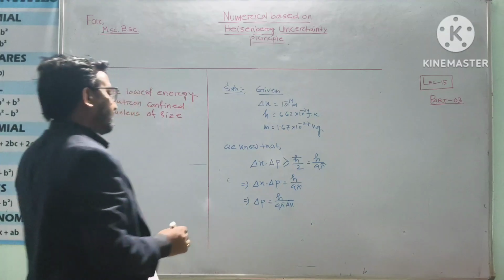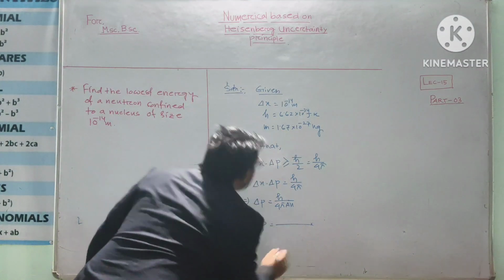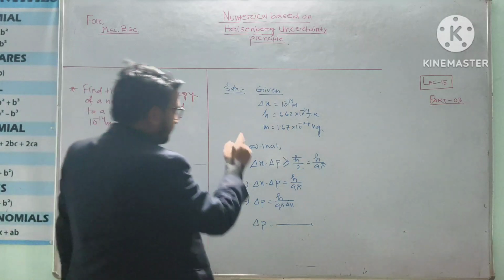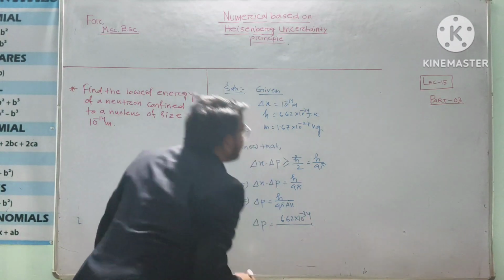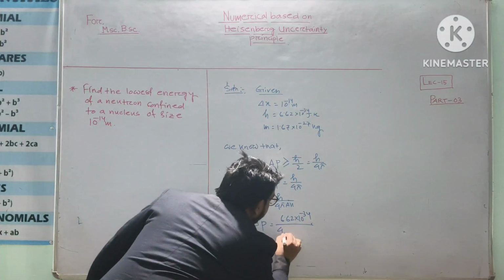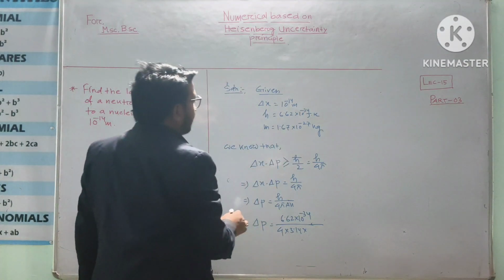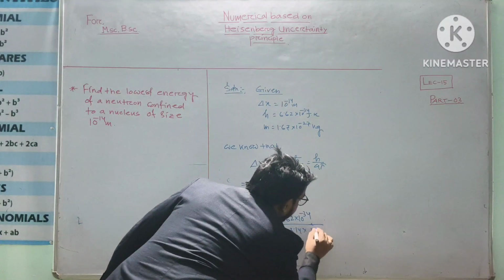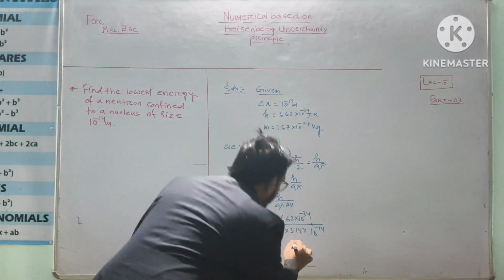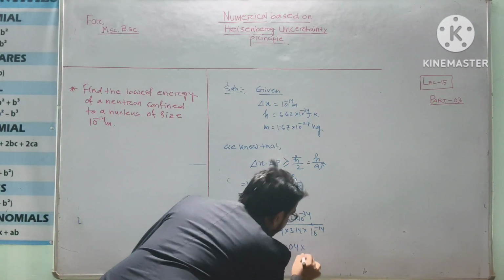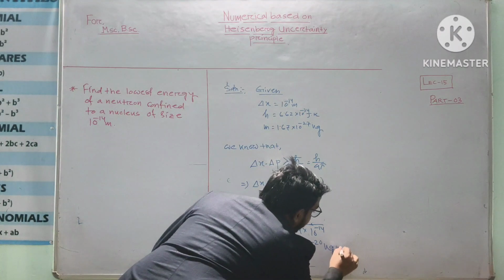Now delta p equals, with h equal to 6.62 into 10 to the power minus 34, and 4 into pi equal to 3.14, into delta x, which is 10 to the power minus 14. After solving this, we will get 1.04 into 10 to the power minus 20 kg meter per second.